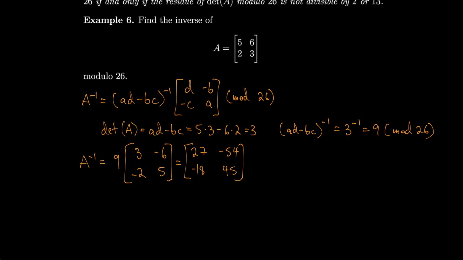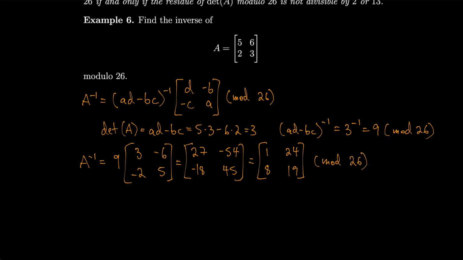But we have to take this modulo 26. So 27 has a remainder of 1. Negative 54 has a remainder of 24, everything's out of 26. Negative 18 has a remainder of 8, and then 19. So all of that is mod 26.